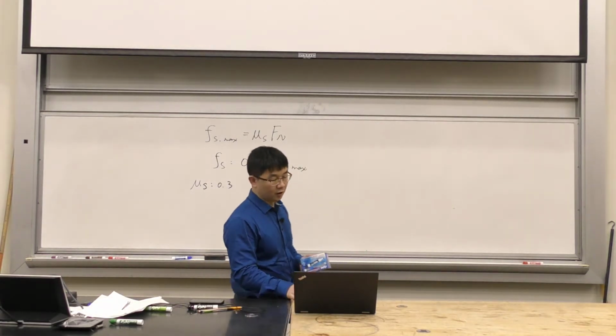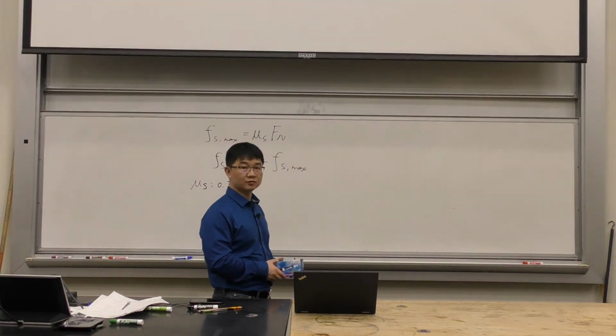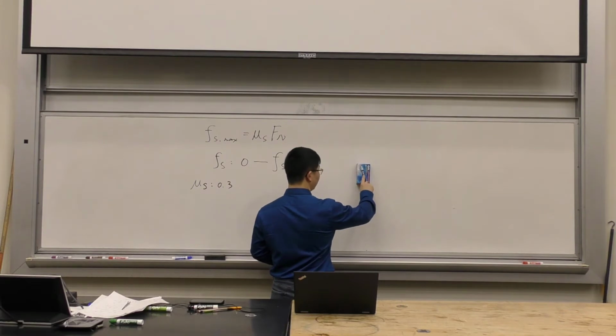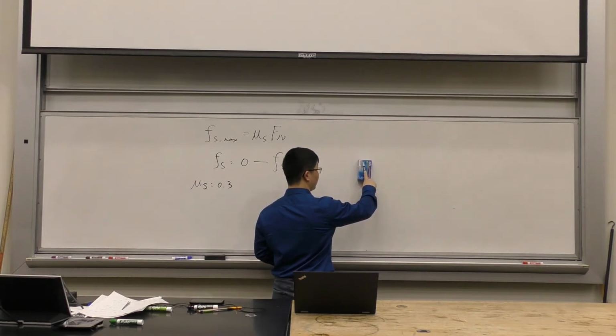So how do we find these two values? How do I find the maximum value? Think about that. If you apply force on this block against the wall, not straight up but in this direction, you can keep increasing this force until it's large enough that the block is going to start to move upward.